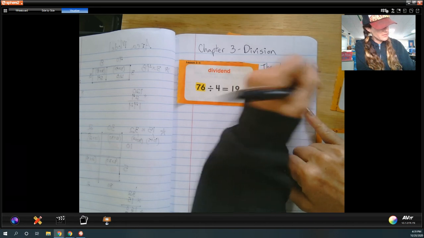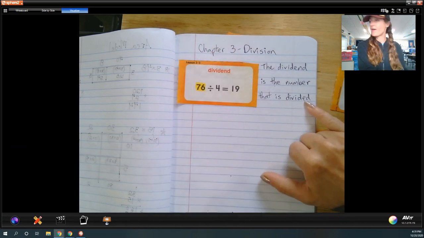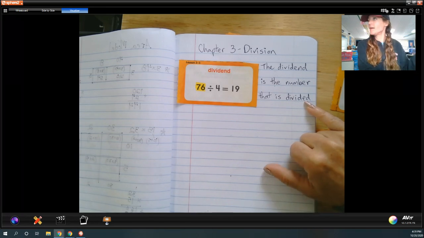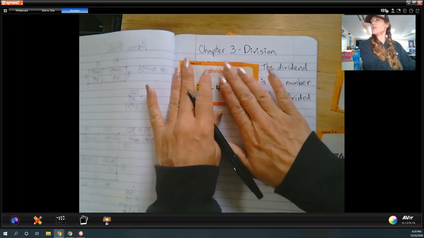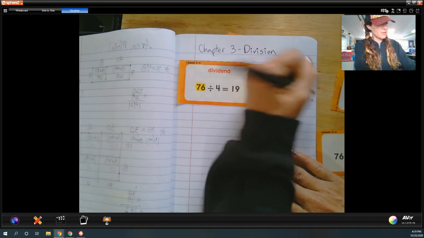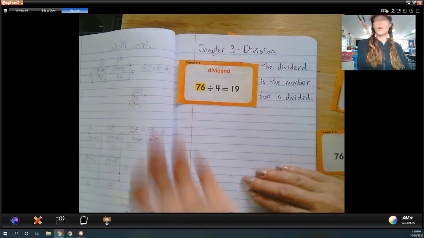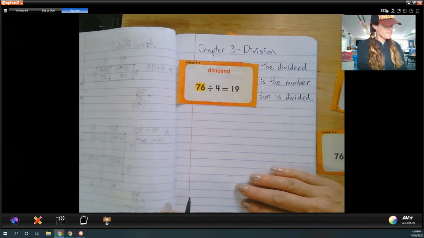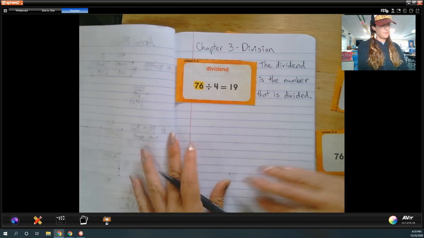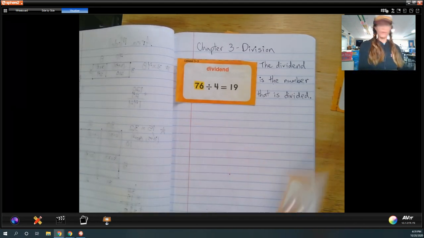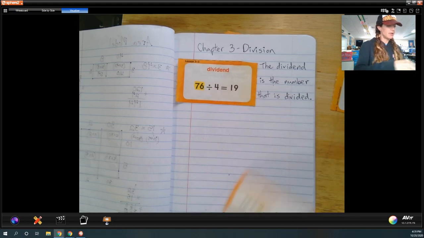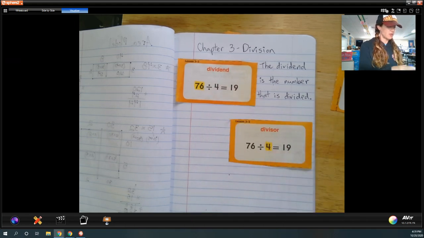Okay, so it's divided up. Notice how I just lost the end. So it's the number that's going to get divided. I would say it's your starting number. Okay, that's what it is.